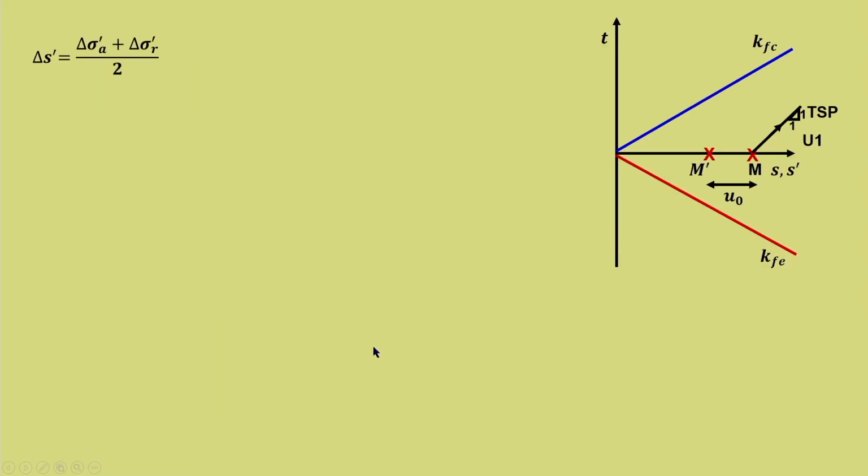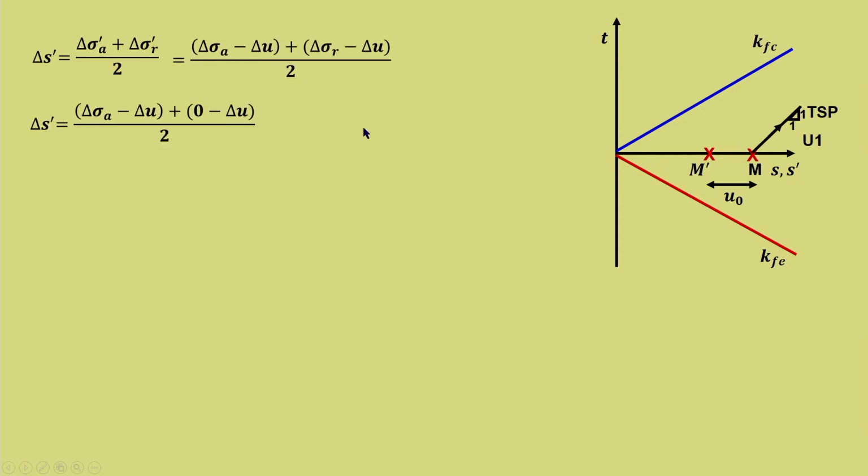Delta S dash is equal to delta sigma A dash plus delta sigma R dash by 2, substituting in terms of total stress, and then you will get delta S dash is equal to delta sigma A by 2 minus delta U. Why? Because here it is minus of minus.